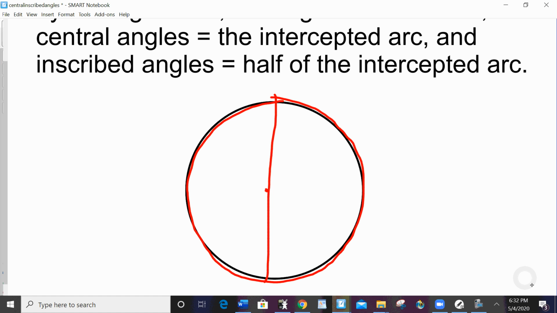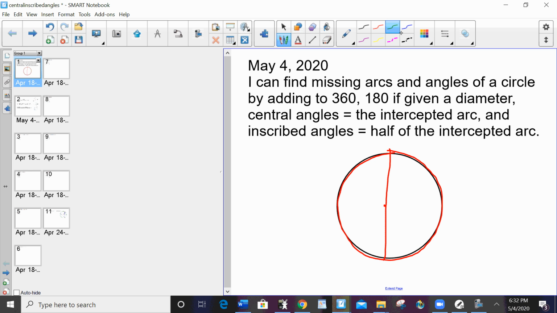Since the diameter cuts a circle in half, each half is half of 360. So this green arc is 180, and this blue arc is also 180. So that's the first 2 little things we're talking about. The full arcs of a circle add to 360. If a diameter is drawn, then each half adds to 180.